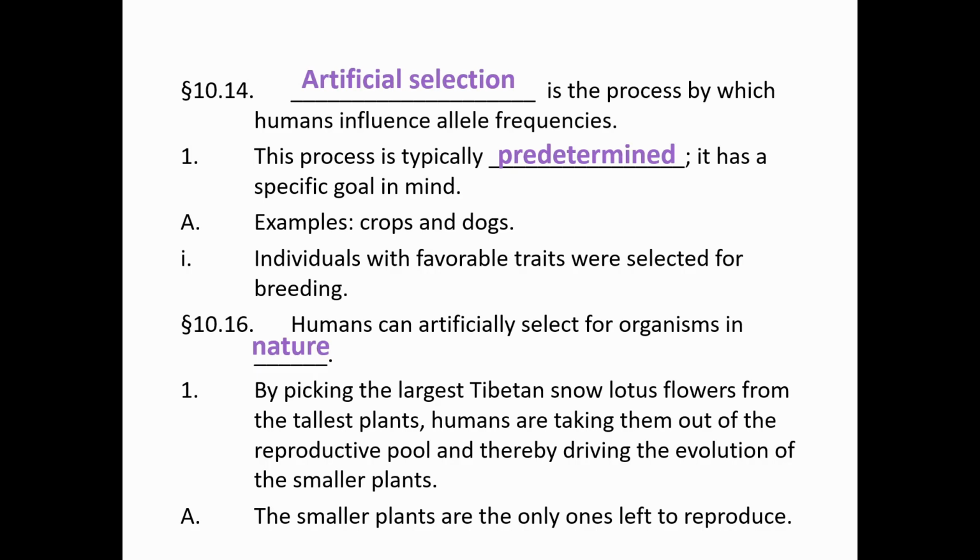So it's not just things like farming and things like pets that are under artificial selection. It's basically any organism where humans are selectively choosing either individuals to breed or individuals to remove. And by doing that, we are influencing who's left to reproduce, right? Who's going to reproduce in that population.